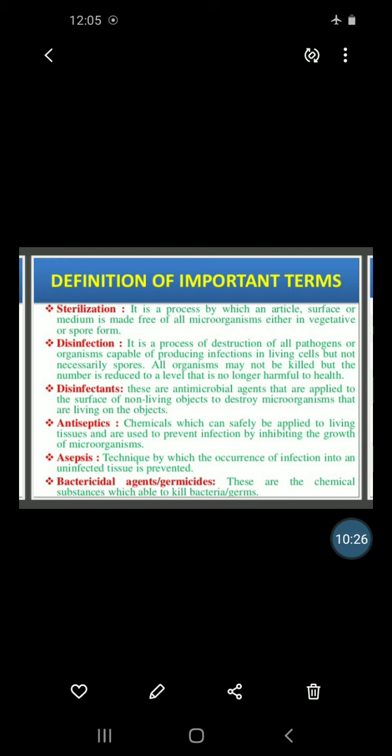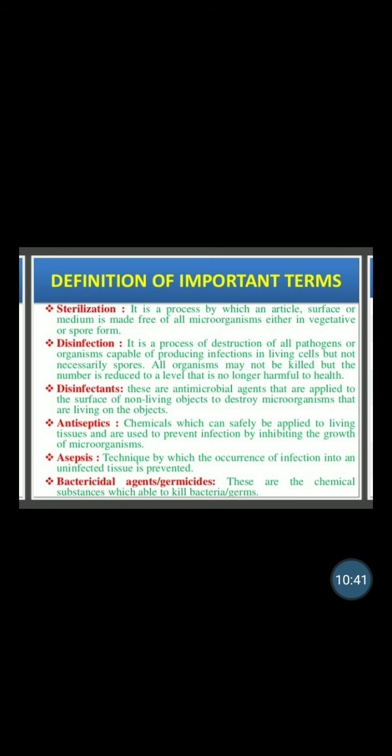As the temperature of heat rises, the time required for sterilization decreases. Sterilization time increases with decrease in temperature and vice versa.